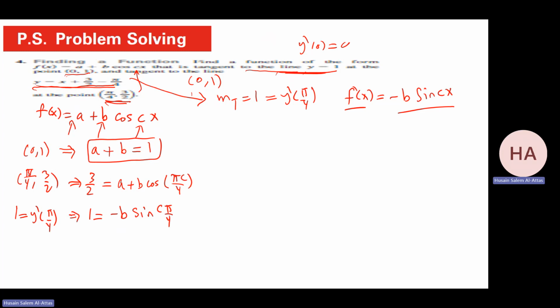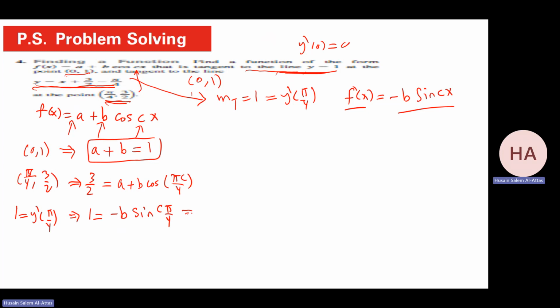So I need to solve these three equations, three equations, three unknowns.